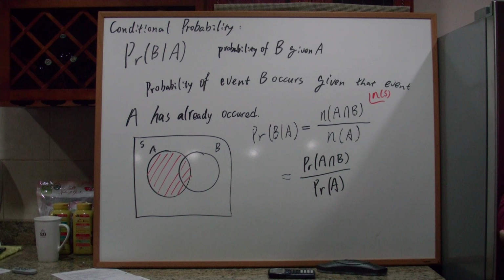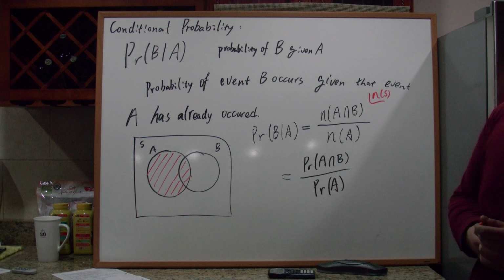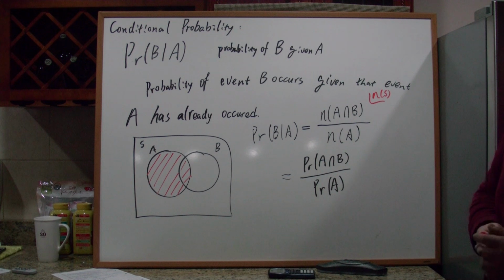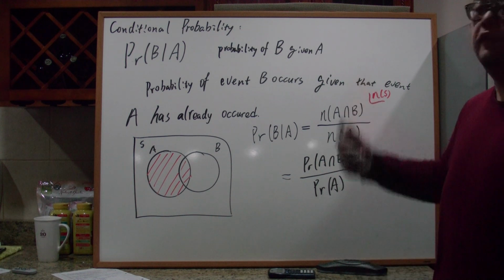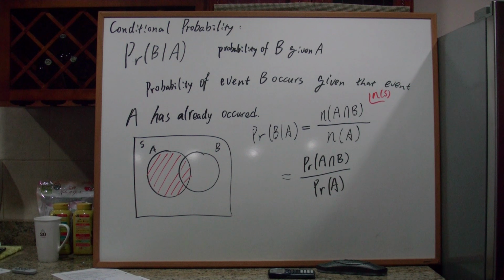So that is the probability of A and B over the probability of A, the intersection over the condition. That is the formula for conditional probability.